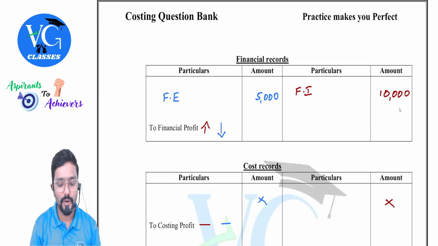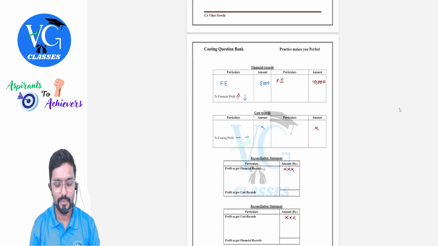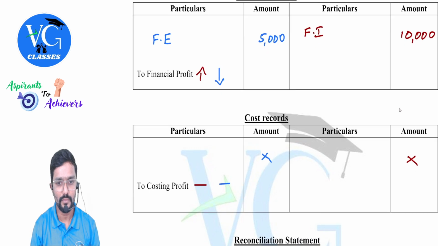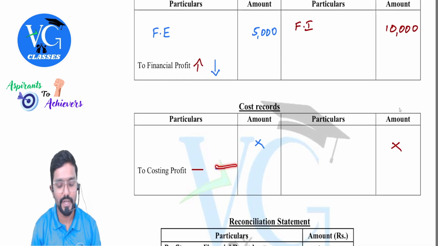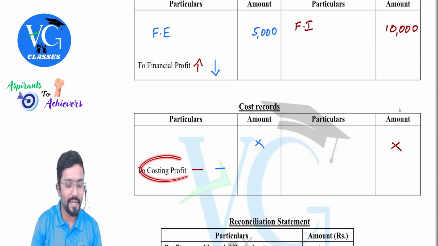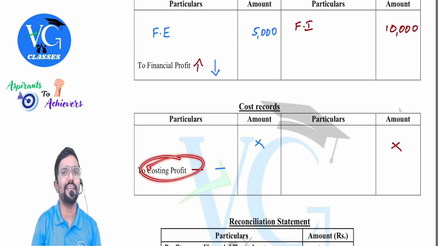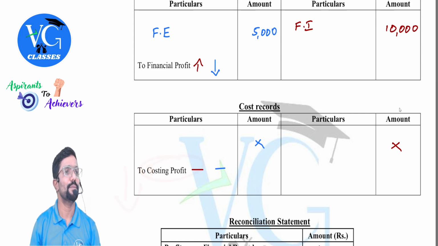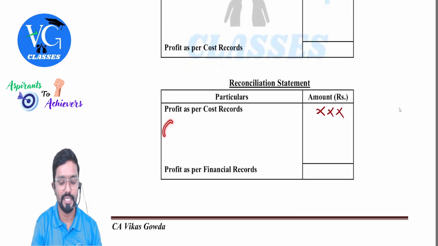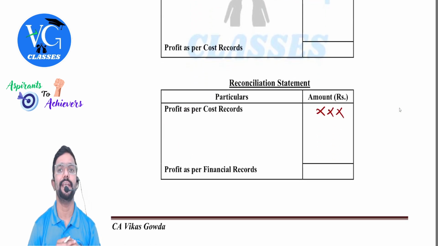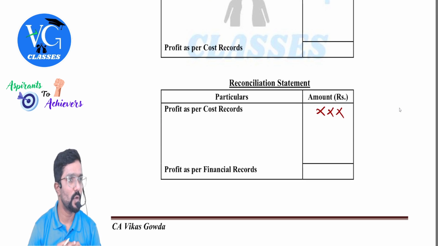Now, my financial profit has already gone down by 5,000, whereas my costing profit is the same. Now my starting point is costing profit. Any adjustments I can make are for what? Costing profit. So what should I do? Bring it down. How do you do it? Deduct 5,000. Got it?